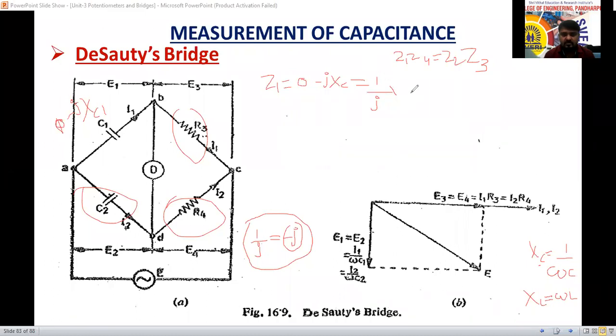So 1 by omega C here now. Total, we can write this as 1 by J omega C. J1 by omega C is nothing but C1. Capacitor C1 I will write here. First branch we are considering.